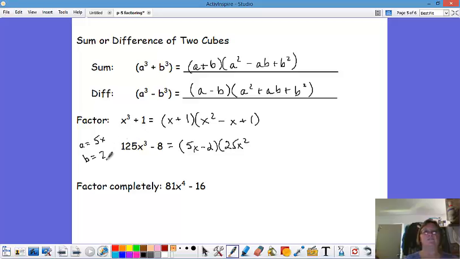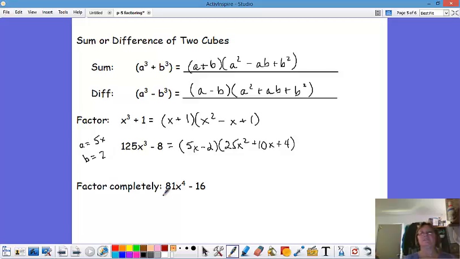A is 5x, b is 2, so we're talking plus 10x. And then the last step says plus b squared. If b is 2, that's plus 4. And we factored that difference of cubes using that pattern. It always helps, especially in the ones that are more complicated, to give yourself a guide. Set it up as a equals so that you know what you're working with. That'll make it a little bit easier for you.